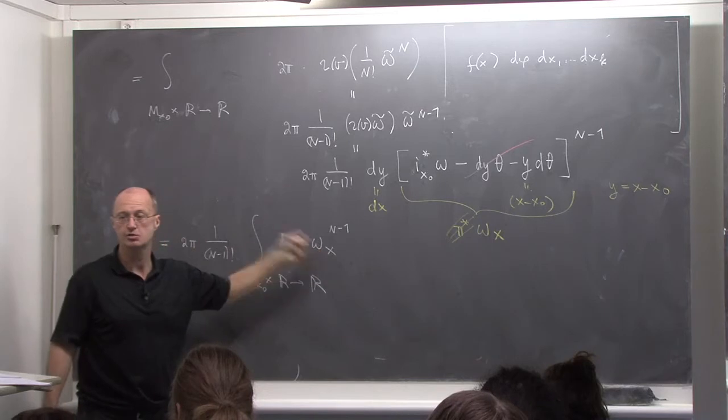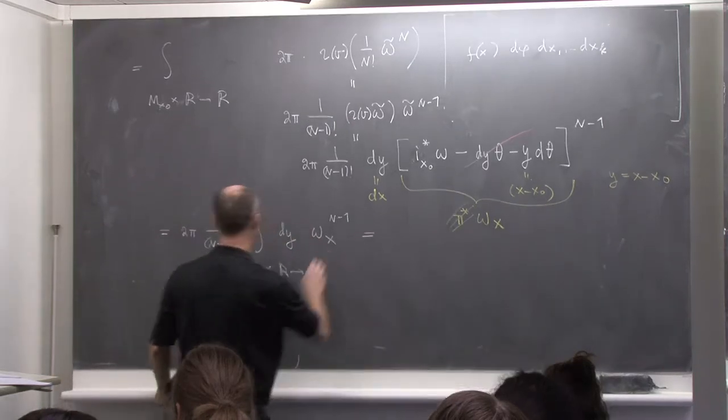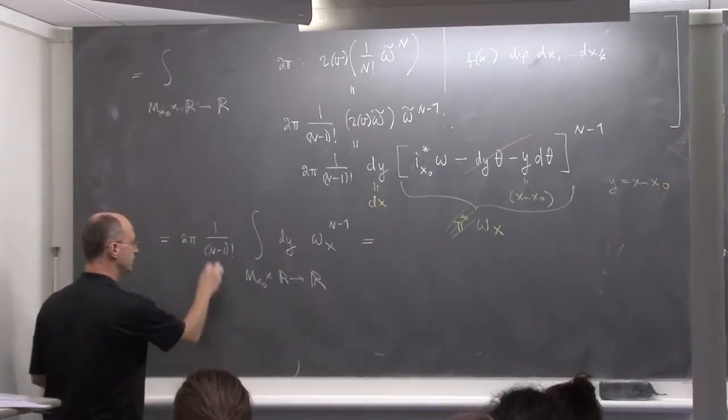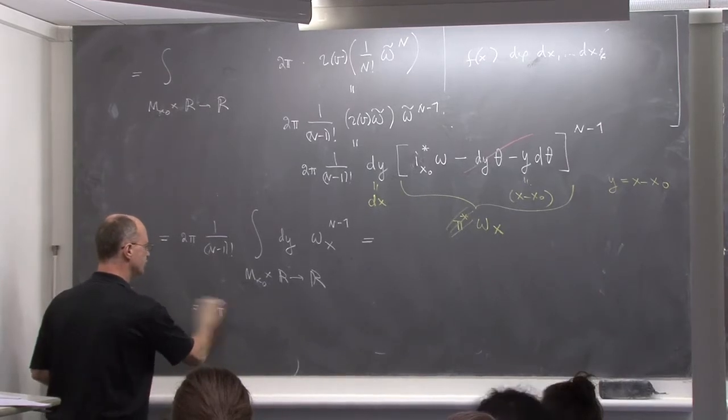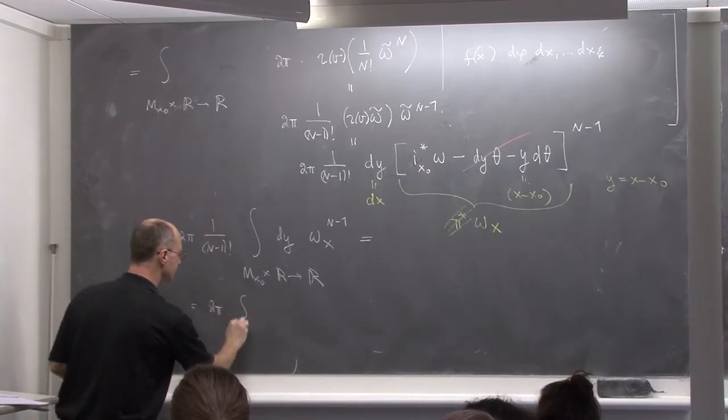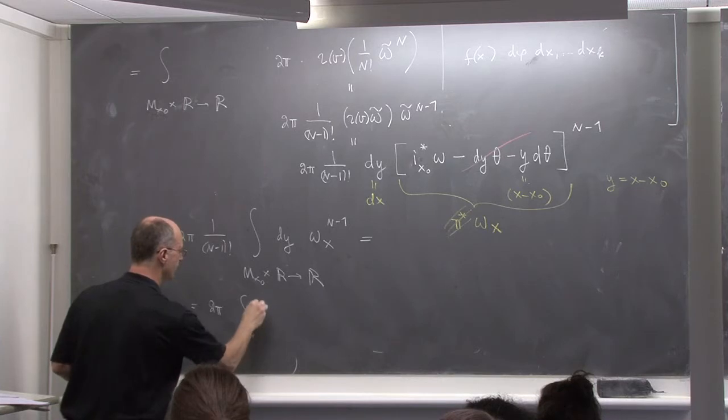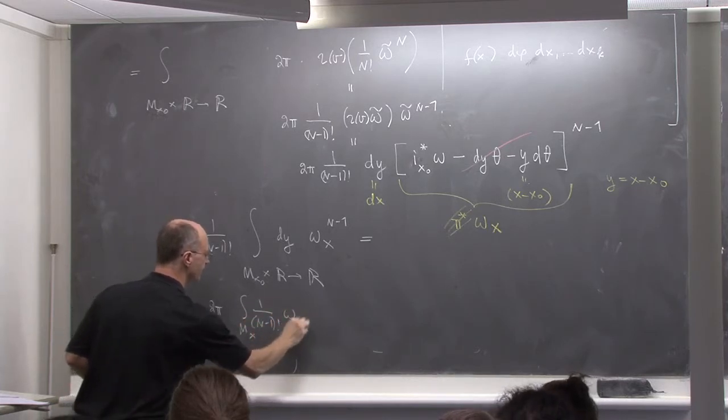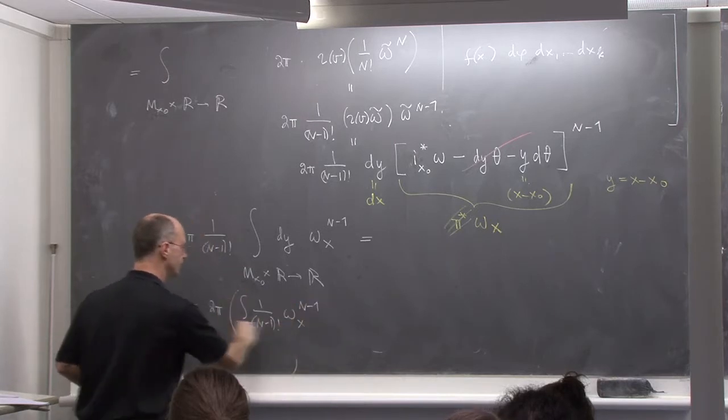So in other words, what we get is 2 pi times the integral over M_x of 1 over n minus 1 factorial omega x to the power n minus 1.